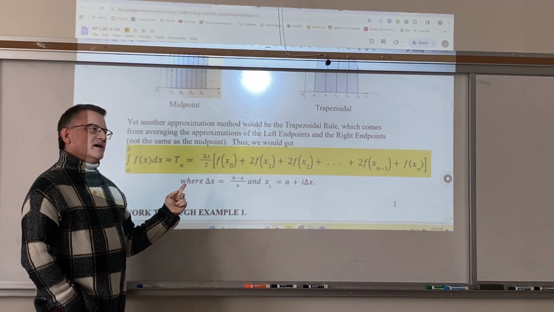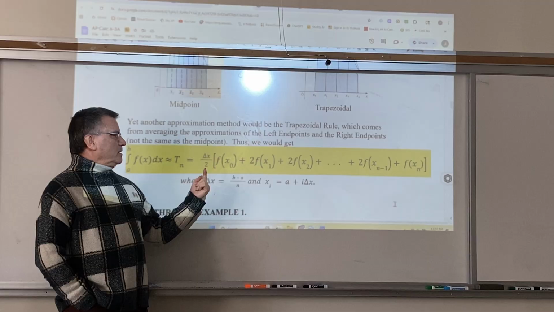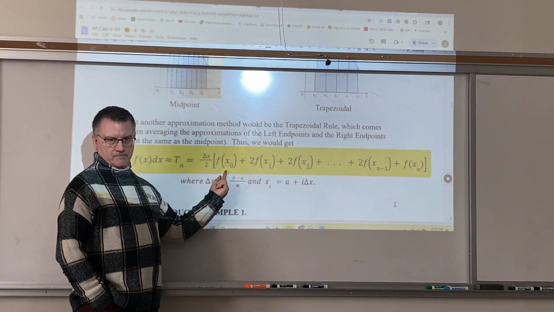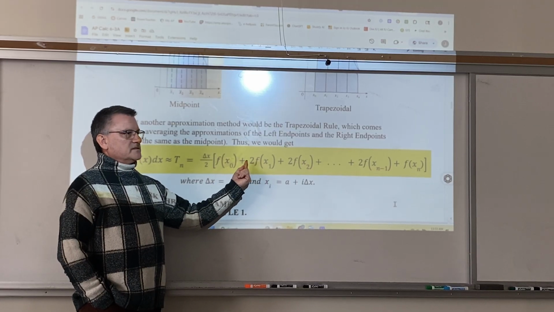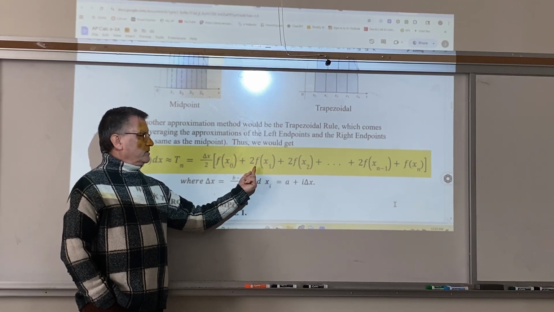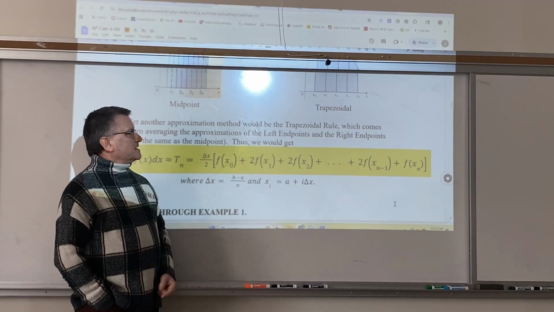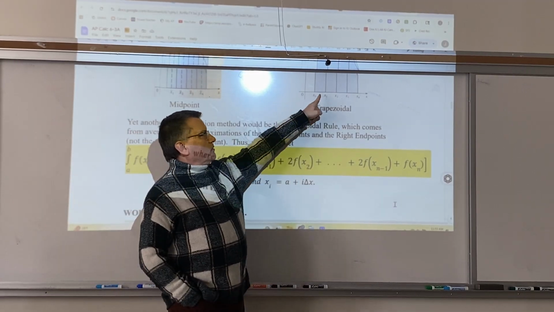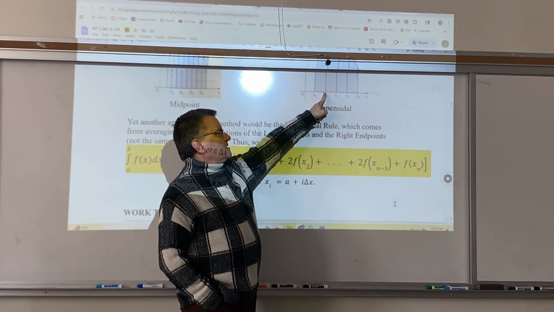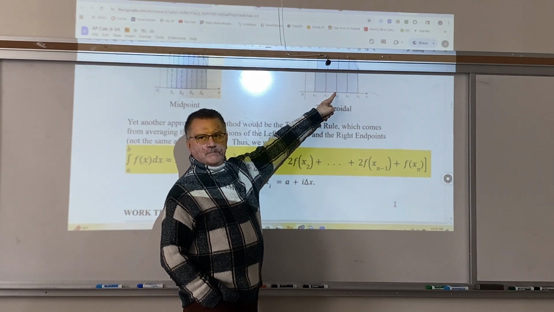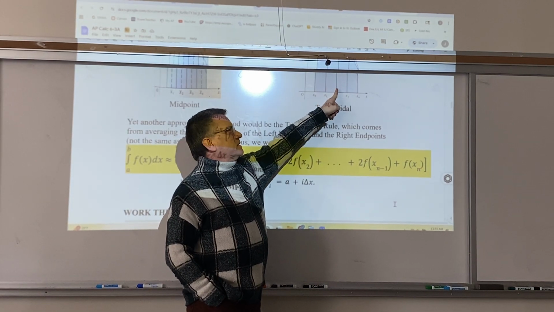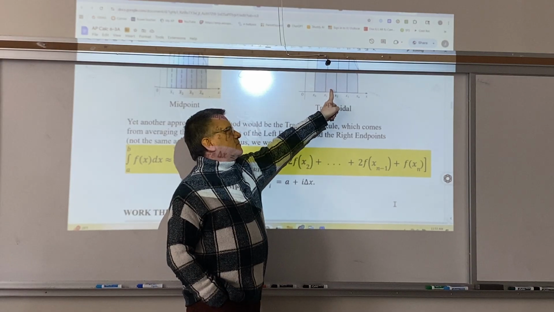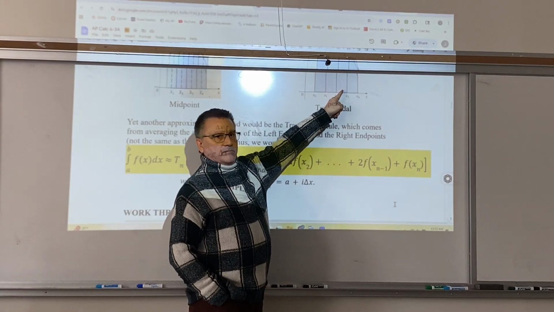And then inside we've got this. What's the height of the first side? Plus, what's the height of the second side? But notice I have 2 times that, because that second side is the right side of the first trapezoid and the left side of the next one. And then 2 times this one, it's the right side of this trapezoid and the left side of this trapezoid.